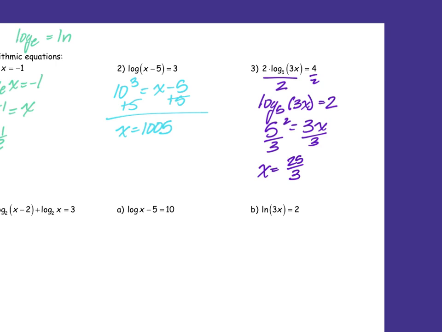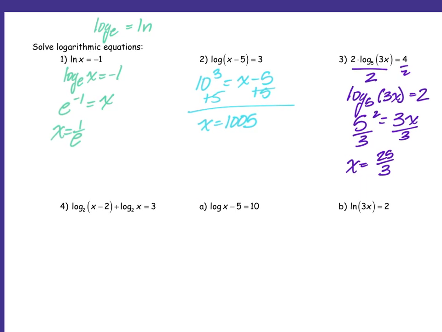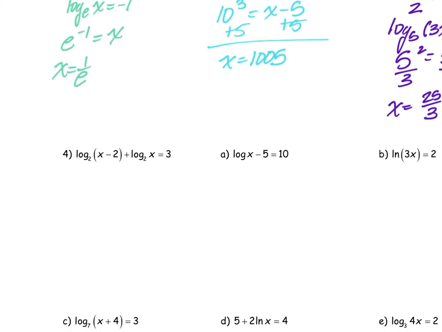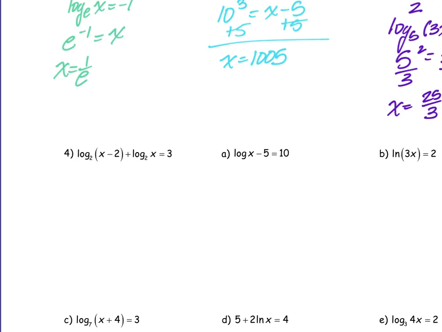And then we have one more example for logs before we send you on your own. Up until now, we've only had one log, right? Even if it was a natural log, we've only had one log per problem. Now, if we look at number 4, how many logs do I have? I've got 2, right? And this is where our properties come into play.